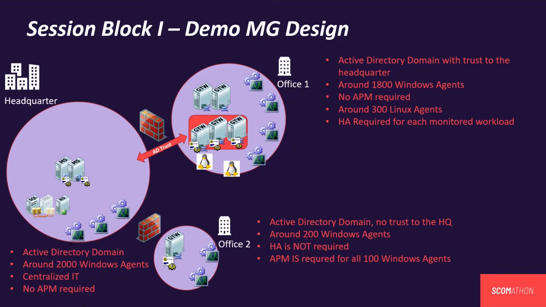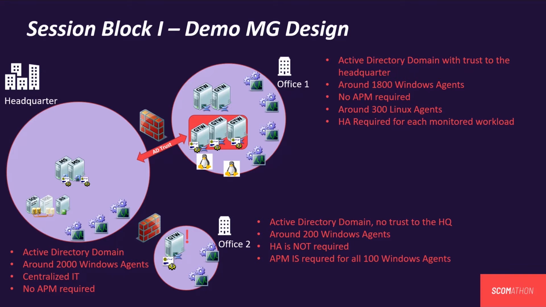Next, we will see what servers we are going to place in the central location. Those 2 management servers will cover not only the 2000 Windows agents in the central location, but they will also cover those additional 200 Windows agents which are in the Office 2.